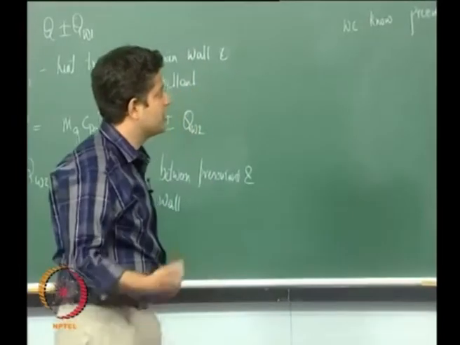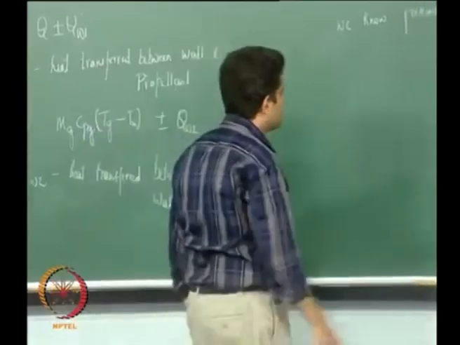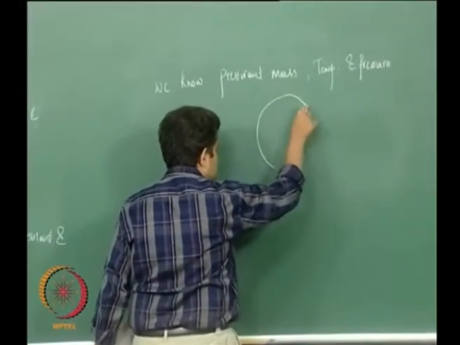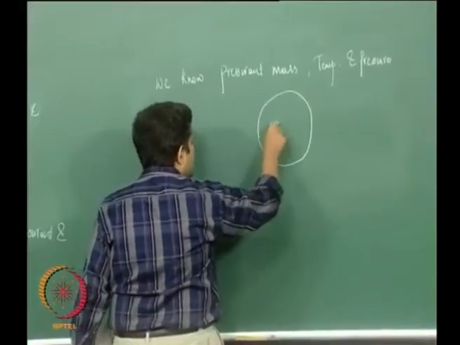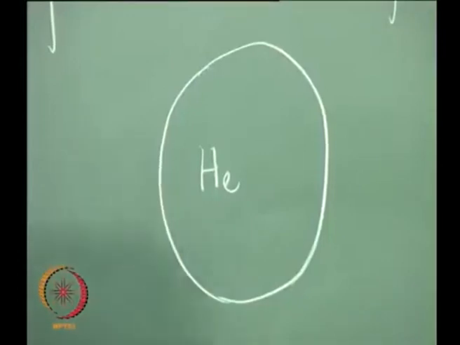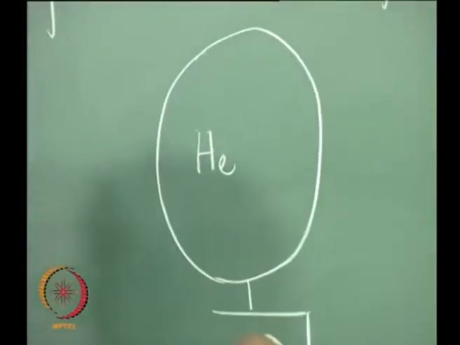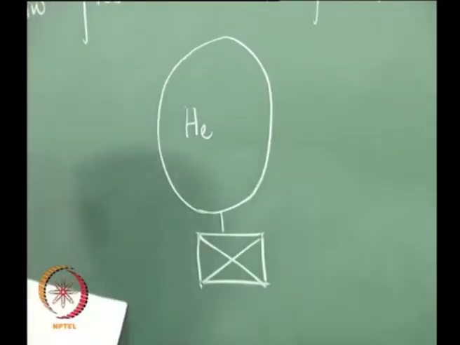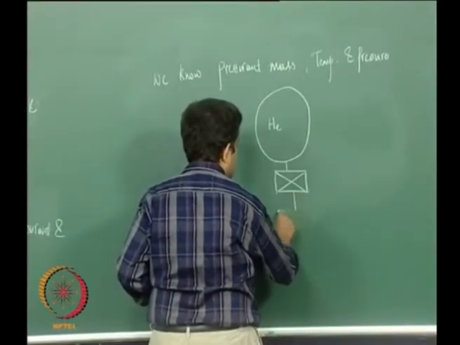Now, if you look at what is happening on the pressurant side, you have, let us say, a helium tank, right, and you have a valve here and then a regulator.